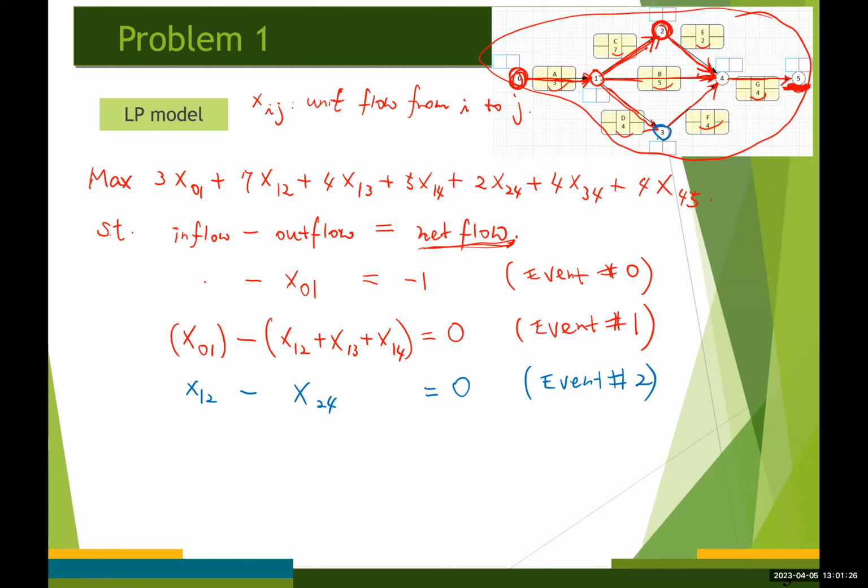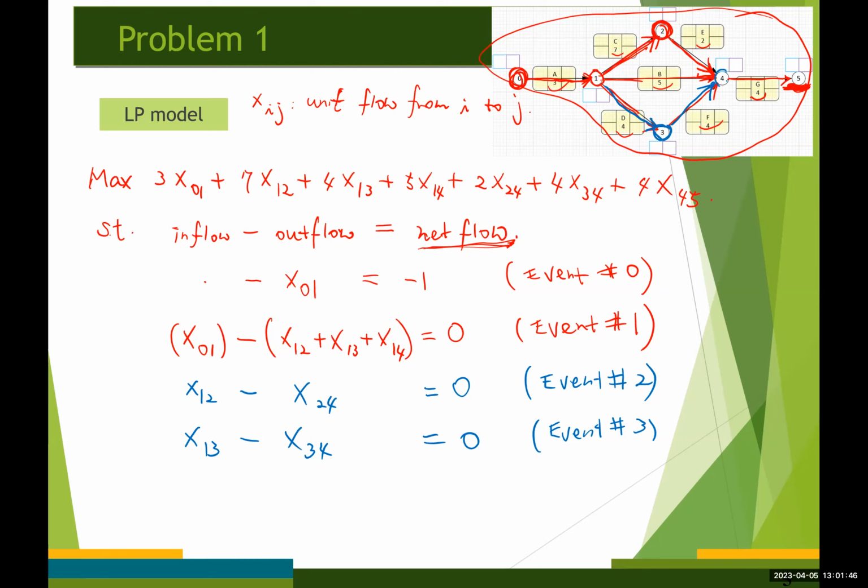And for event number 3, we have one inflow and one outflow, right? So that's going to be x13 minus x34 is equal to 0 for event number 3.